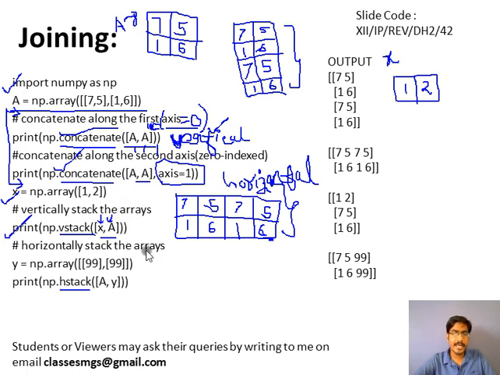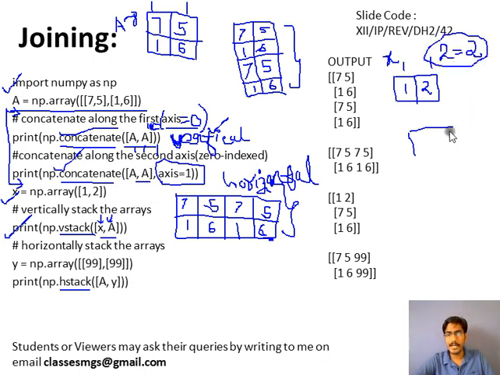So first we need to match whether the number of columns are the same or not. X array has how many columns? X array has 2 columns. And A array has how many columns? 2 columns. So both the arrays have the same columns. So 2 equals to 2. So we can go ahead and join.